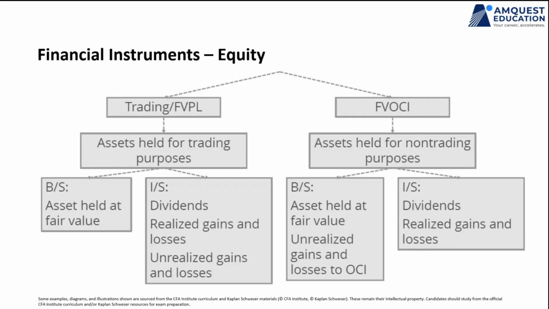And then in income statement, there are dividends and realized gains and losses. So the security should be upfront classified, and that should also help you record them appropriately in financial statements. FVOCI means fair value through other comprehensive income.